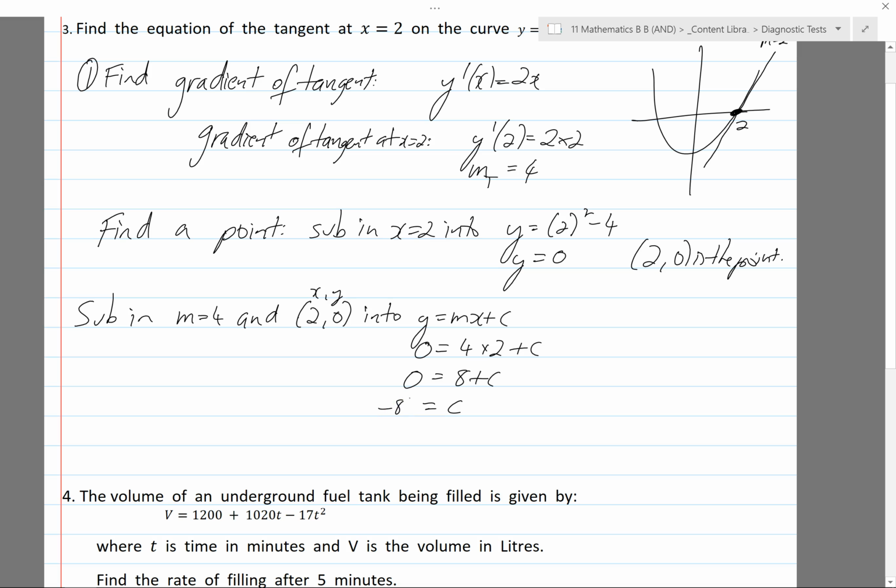So I know gradient is 4, c value is minus 8. You can sort of see it coming down here to some negative value. So the equation of the tangent will be y equals 4x minus 8.